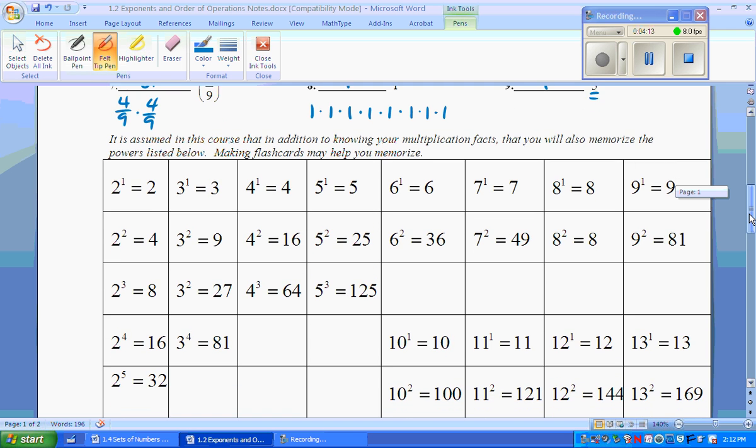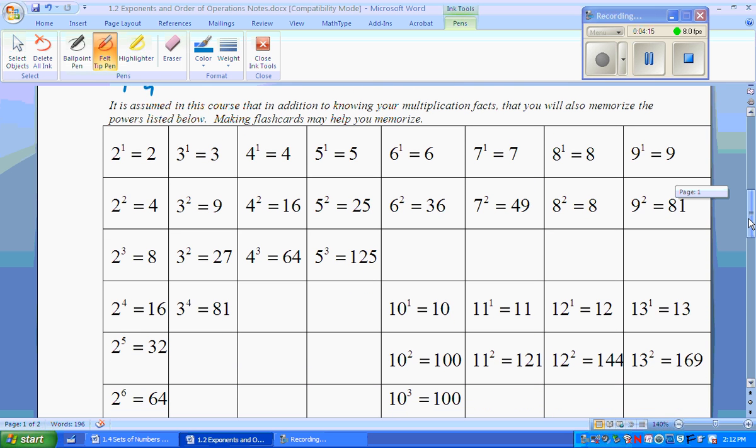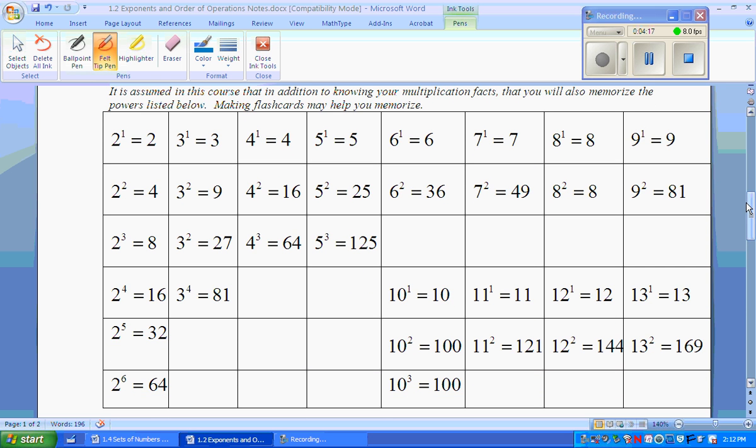It is assumed in this course that you know your multiplication facts. If you don't, this chart helps you memorize those facts. If you need to, make flashcards to help you do that. All of these you should know already.